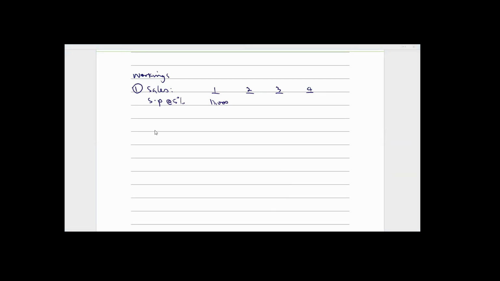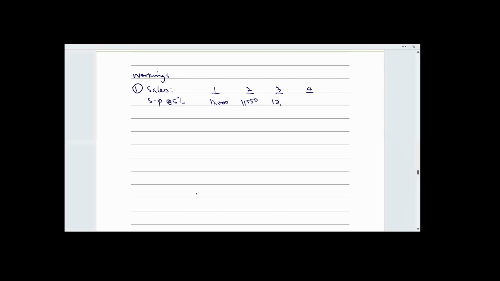I will say 1.05 multiplied by 11,000 equals 11,550 for year two. Next year, year three, multiply by 1.05.